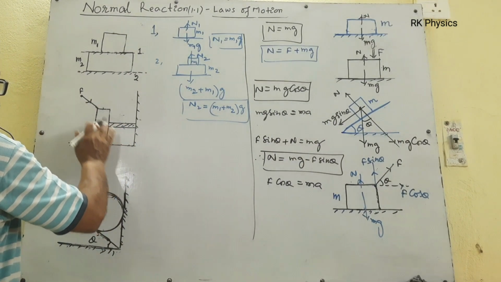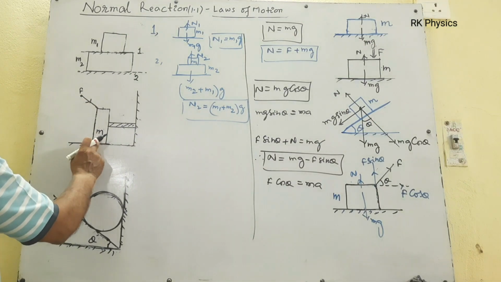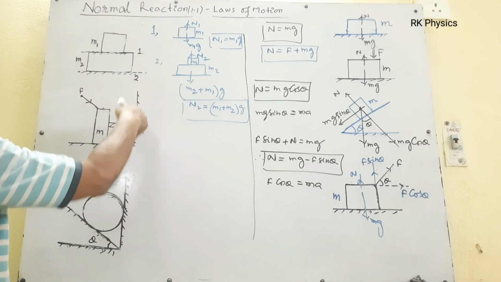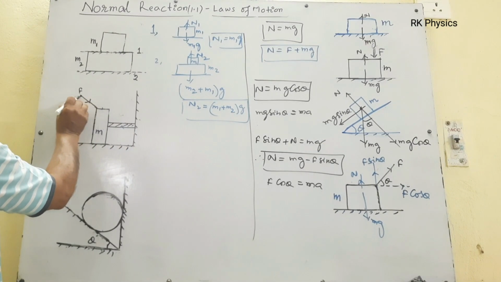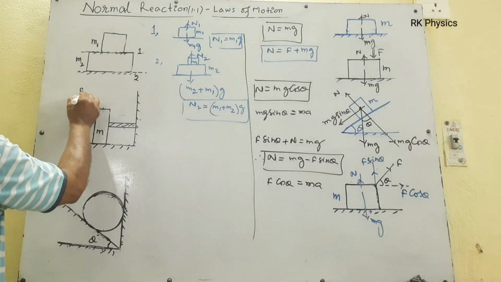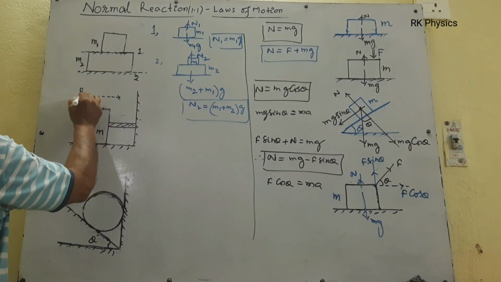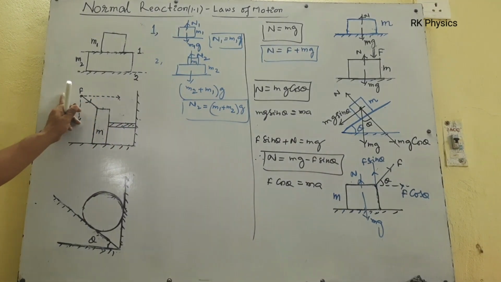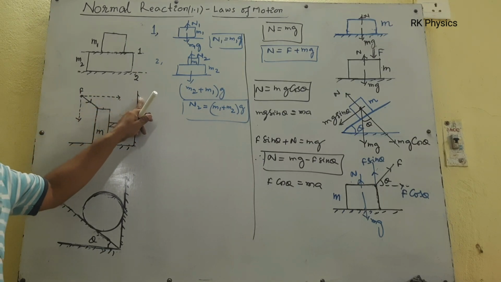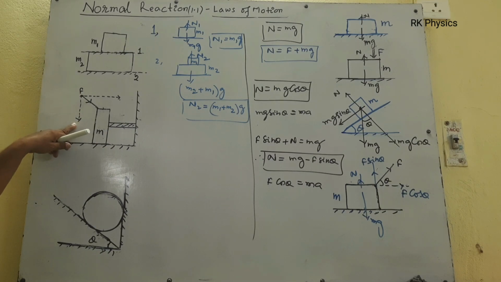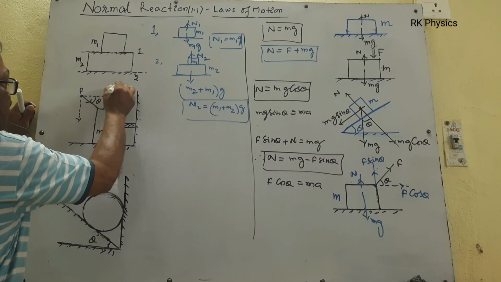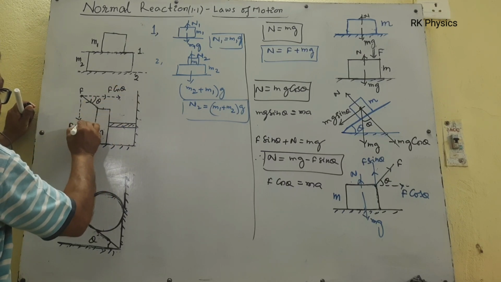Then come to this. You take an external force acting on this mass. The mass is placed on a horizontal surface, and at the same time it is in contact with a vertical wall. You take the point where the force acts as origin, this direction as x-axis and this direction as y-axis. The x-axis component pushes the vertical wall, whereas the negative y component pushes the ground. Now, if this angle is theta, this is F cos theta and this is F sin theta.